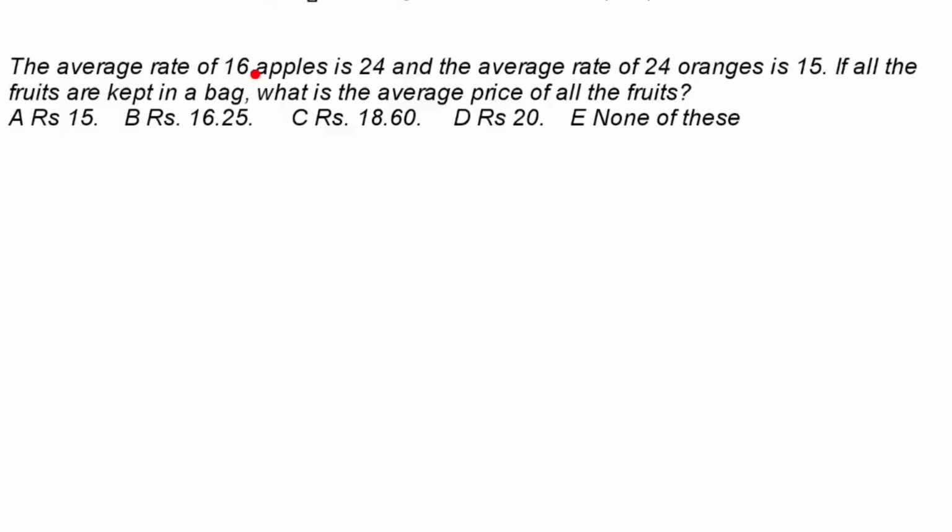The average rate of 16 apples is 24, and the average rate of 24 oranges is 15. If all the fruits are kept in one bag, what is the average price of all fruits?